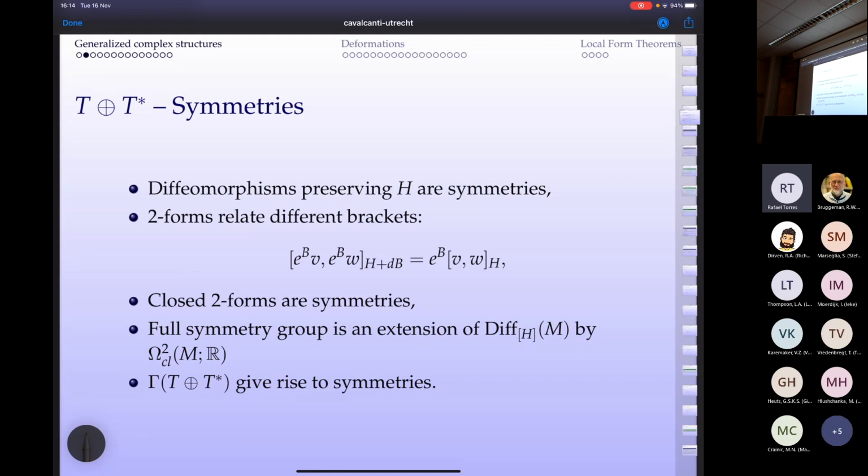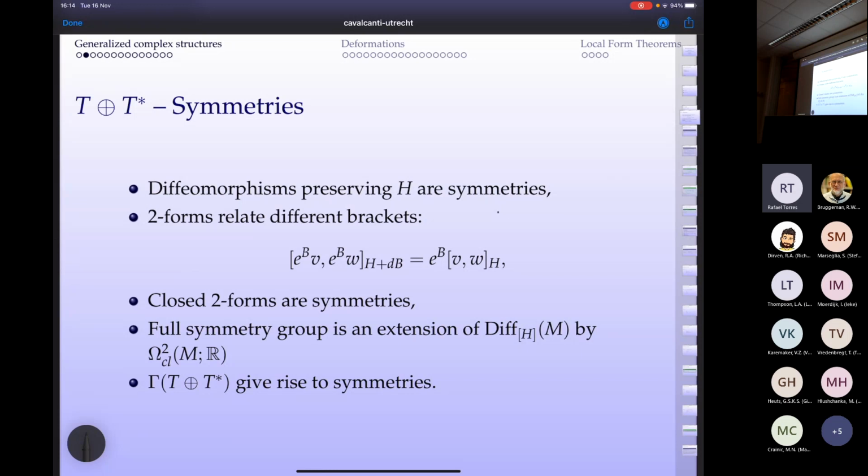So originally we used to think of H as being 0. Two-forms actually relate different brackets, and I didn't check, so there might be a sign mistake on that one. It might be H minus dB instead of H plus dB. I never check. But the point is that there is a relationship. So if you pick a real two-form B, you can do this, and e to the B is just this thing.